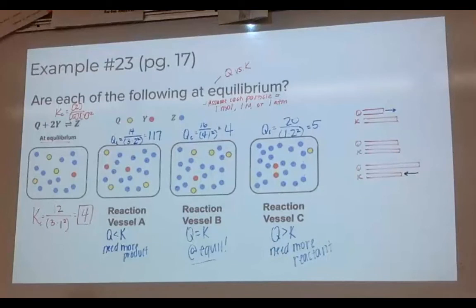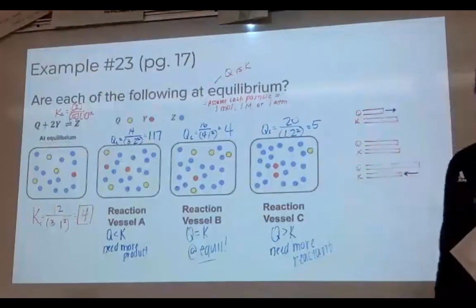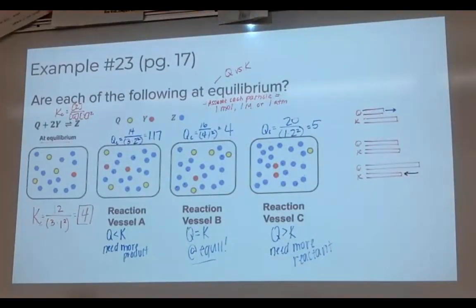So when you're looking at particle diagrams, it's still applying the same concepts. If you want to know if something is at equilibrium, that's Q versus K. Particle diagrams are about counting the number of particles. Count the number of particles, plug it in to your Q expression or your K expression.